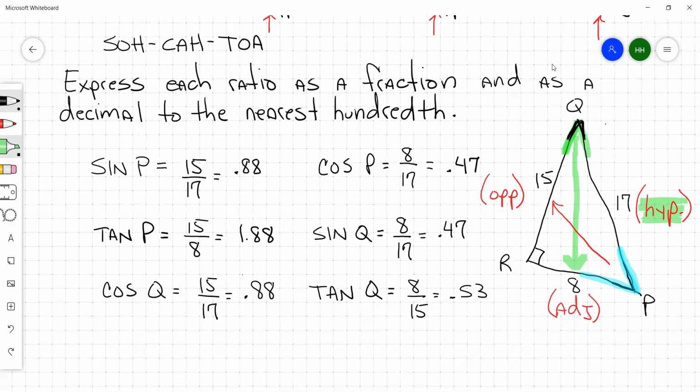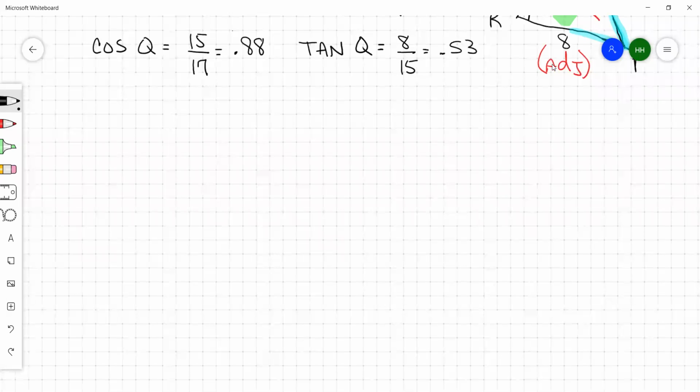The 8 is opposite of Q, but it is adjacent to P. And the 15 is adjacent to Q, but it is opposite of P. So the same number, this 15, is an opposite side and it's an adjacent side, but it depends on which angle you're looking at. So if I did another triangle here, don't write this down, just watch.